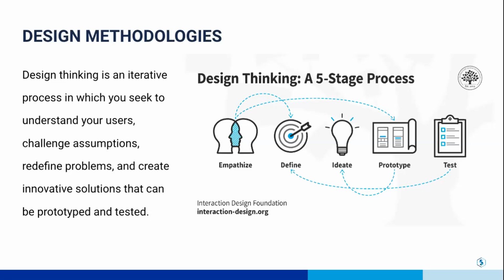You can find this information in the UI UX virtual office in Confluence. Well, design thinking is an iterative process in which you seek to understand your users, challenge assumptions, redefine problems, and create innovative solutions that can be prototyped and tested.